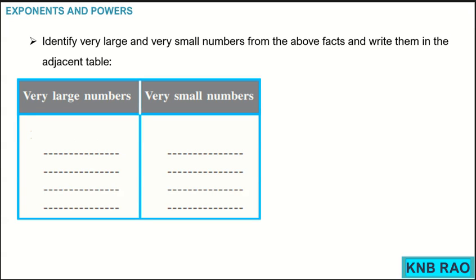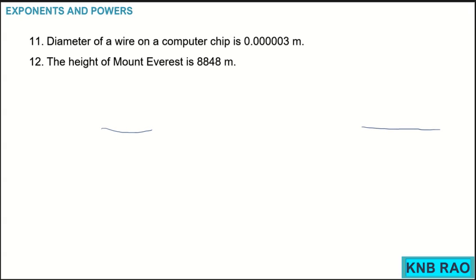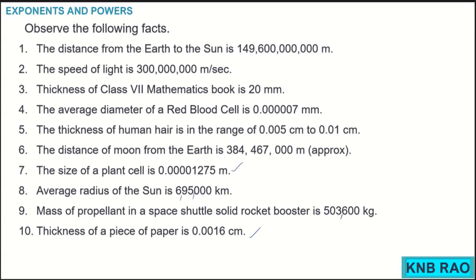Okay, as a table, very large numbers you have to identify and very small numbers you have to identify. This is your work. Let us come back to this. First one, here it's a large number. This one again a large number. This one small, not very small.